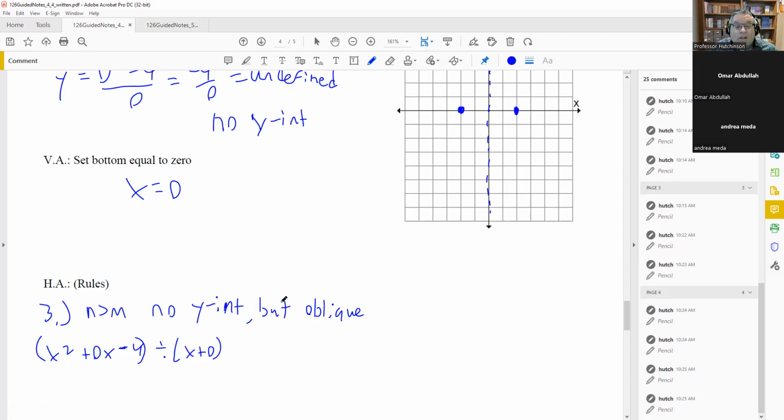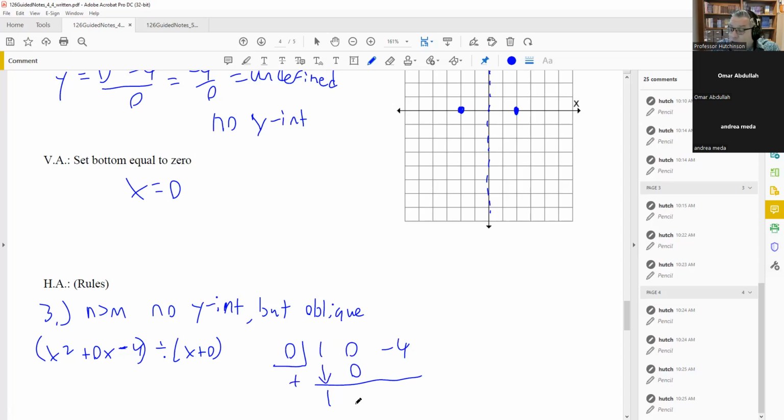If you translate it into something with all the terms, you put the 0 in the box, and we have a 0 placeholder because there are no x terms. We would do a 1, a 0, and a negative 4. Then you just drop this down: 1 drops down. 1 times 0 is 0. We're adding when we do synthetics.